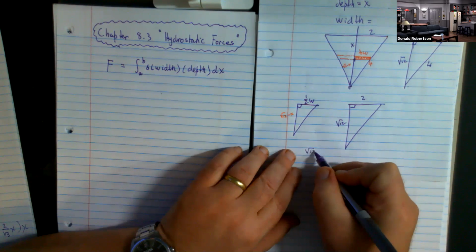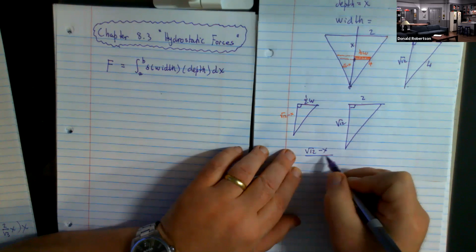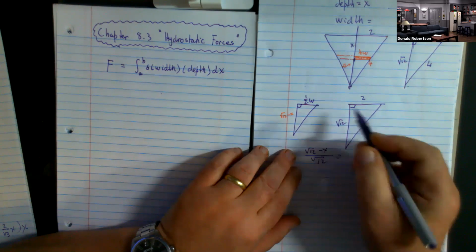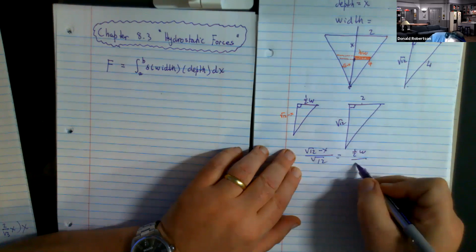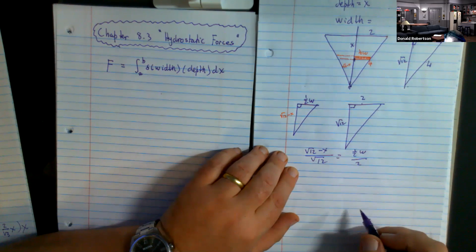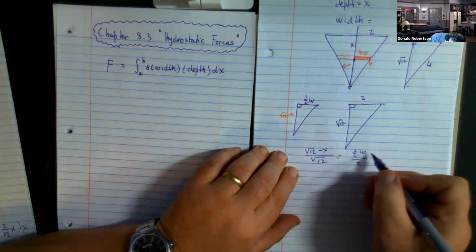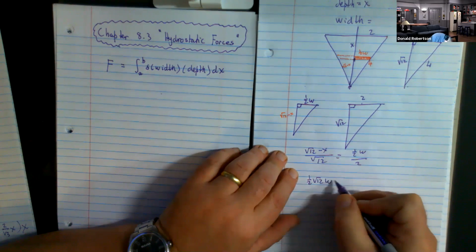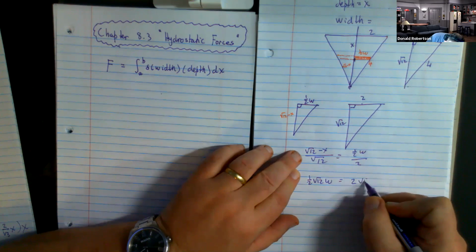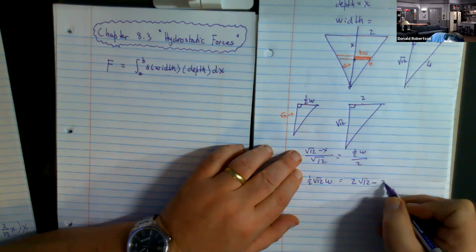So root 12 take away x over root 12 is going to be equal to 1/2 W over 2. Bit messy, but we should be able to do that. 1/2 root 12 W is going to be 2 root 12 take away 2x.